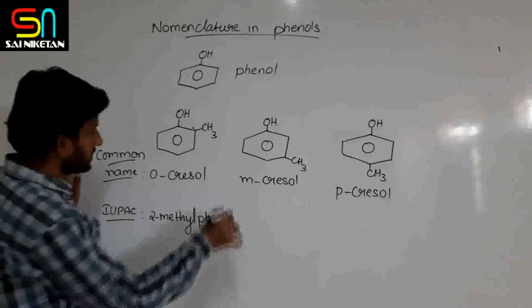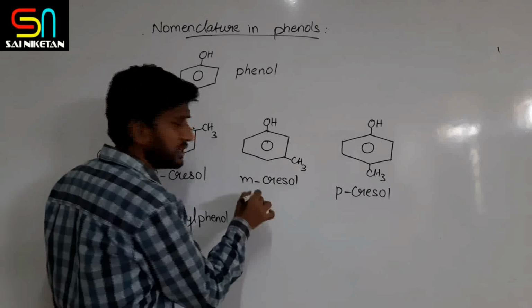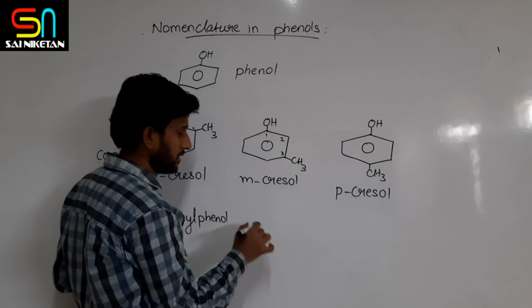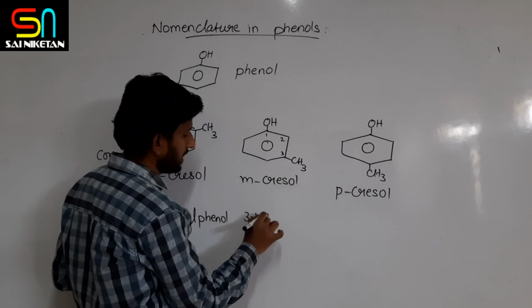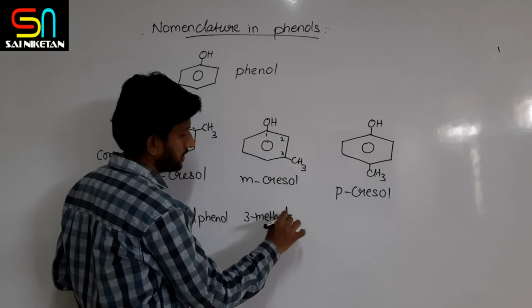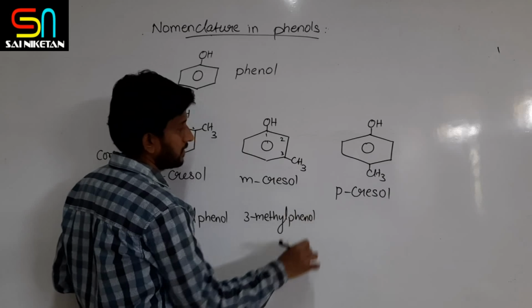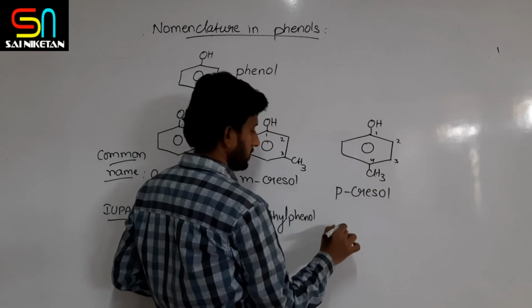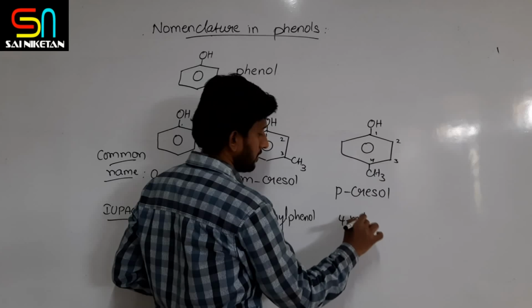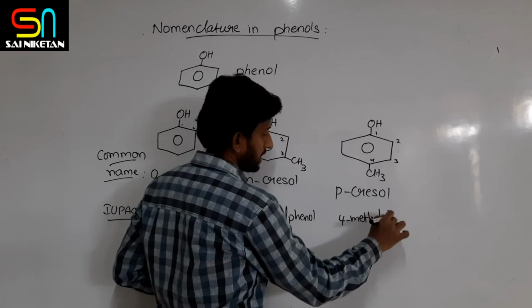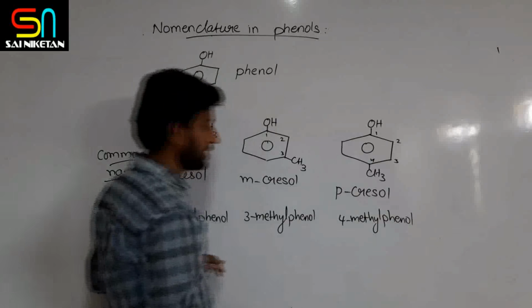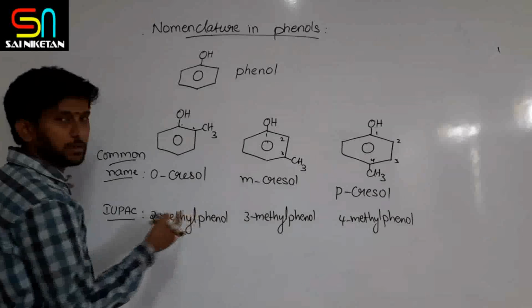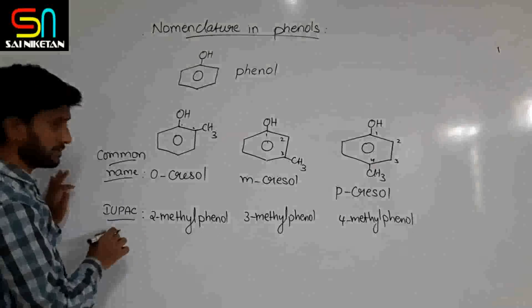Similarly, here it is 1, 2, 3, so it is 3-methyl phenol. If you count 1, 2, 3, 4, it is 4-methyl phenol. These are the different cresol isomers: ortho-cresol, meta-cresol, para-cresol.